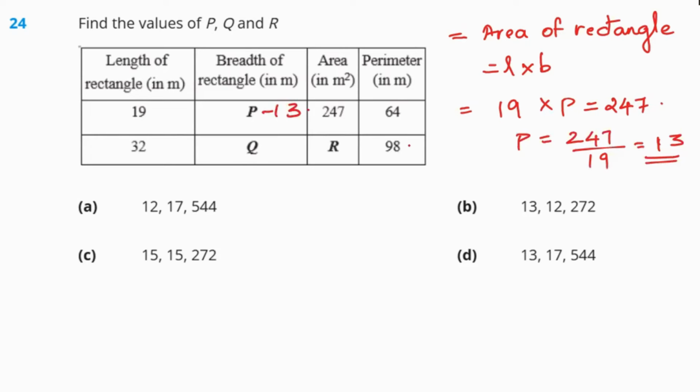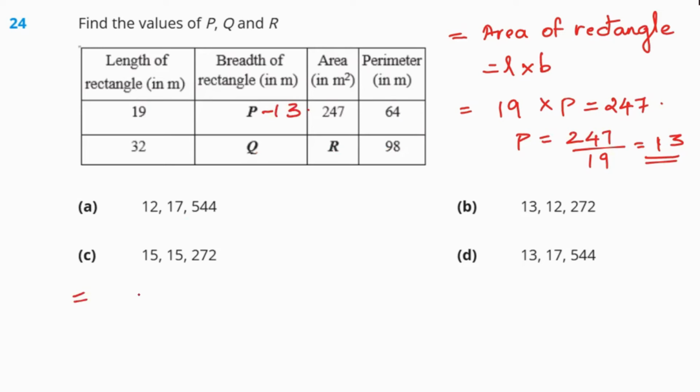Next, we will find the value of Q. See here, for Q, the area is not given, but the perimeter is given. With the perimeter, we will find the value of the breadth.